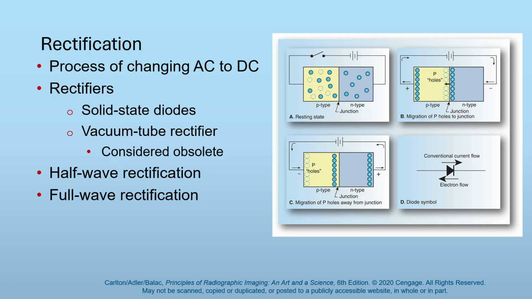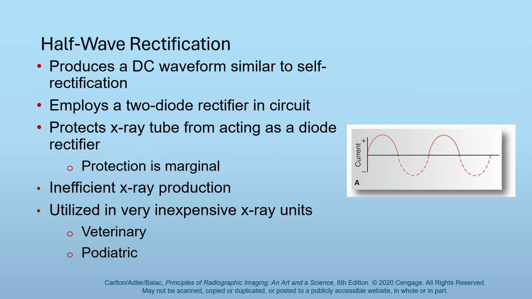So half wave would be two diodes to guard current, to guard positive charges from getting to the cathode and to guard negative charges from getting to the anode. Full wave rectification is safety, but also an improvement of efficiency. Okay? So this is half wave.